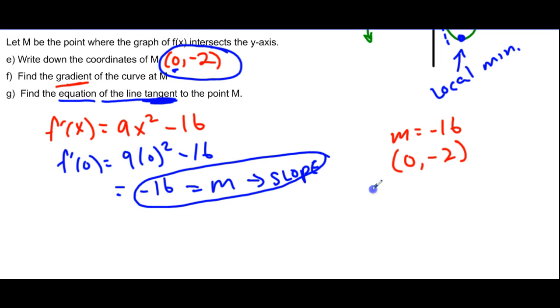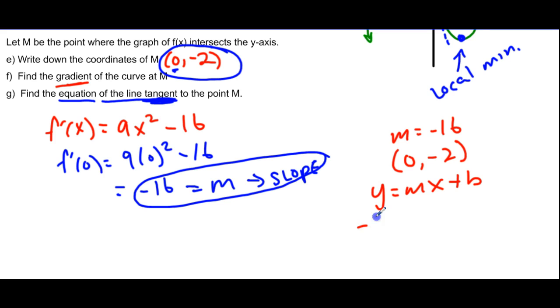We're going to plug it into y equals mx plus b, all right? So a lot of you guys used the point slope form, which is y minus y1 equals m times x minus x1. That's fine, use either or. I like to use it this way, so we're going to plug this in.